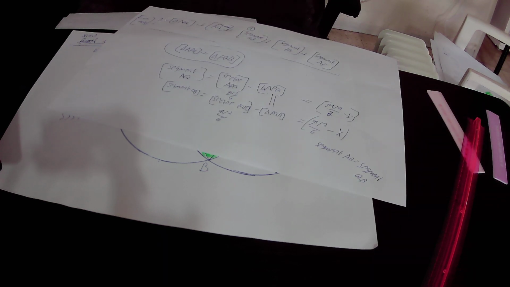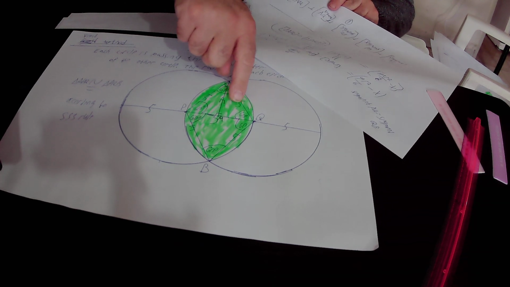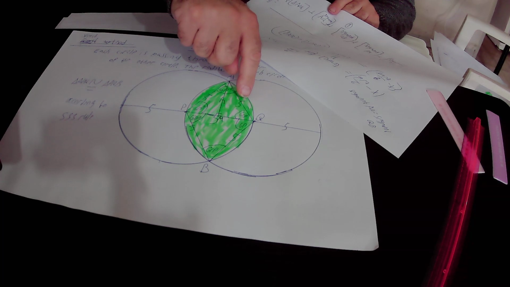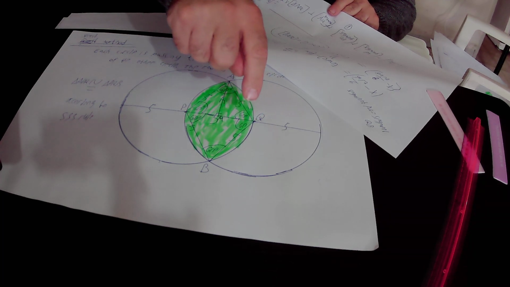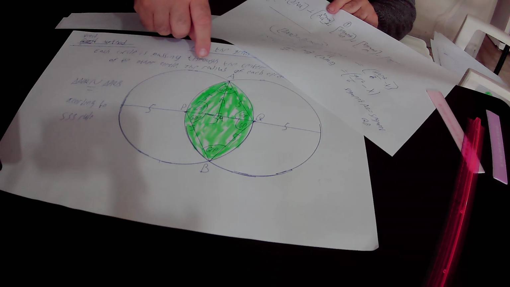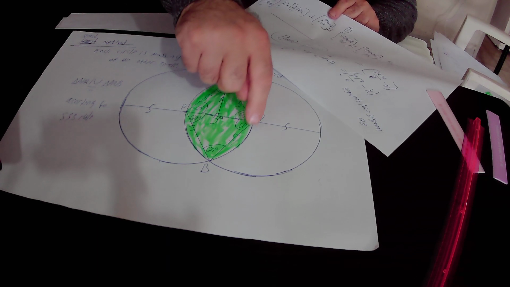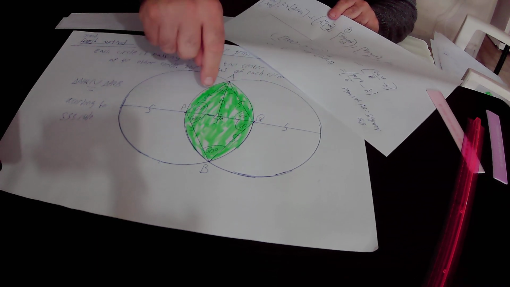Therefore, in order to find the area of the green shape, we will multiply 2 times the area of the equilateral triangle APQ, and we will add to this area 4 times the area of segment AQ, because the areas of those 4 segments AQ, BQ, PB and AP are equal to each other. So if we multiply the area of segment AQ by 4, we will get the area of those 4 segments.